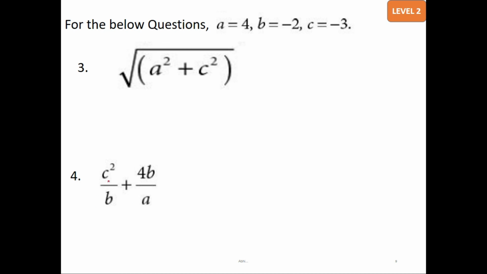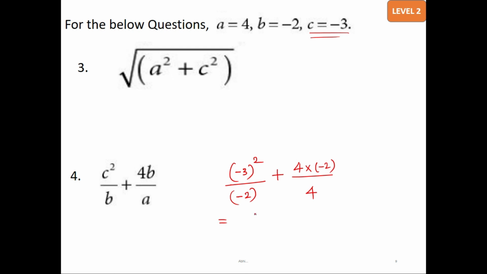Now, this is another variety of question where you have two fractions involved. The replacement is just the same. You put the values for your variables. Minus 3 squared over B, which is negative 2, plus 4 times B, which is again minus 2, over A, which is 4. So what do you have here?